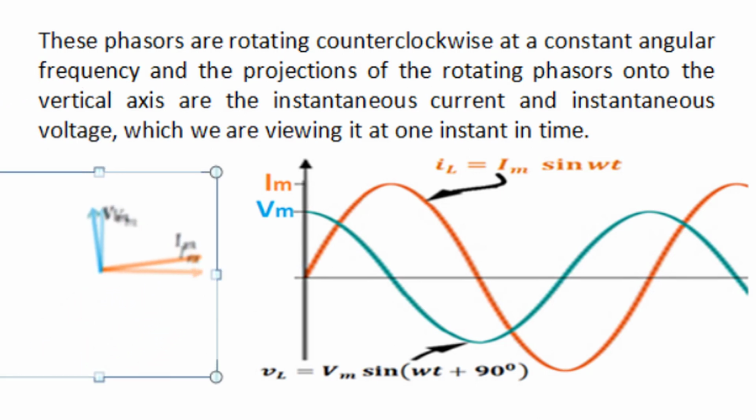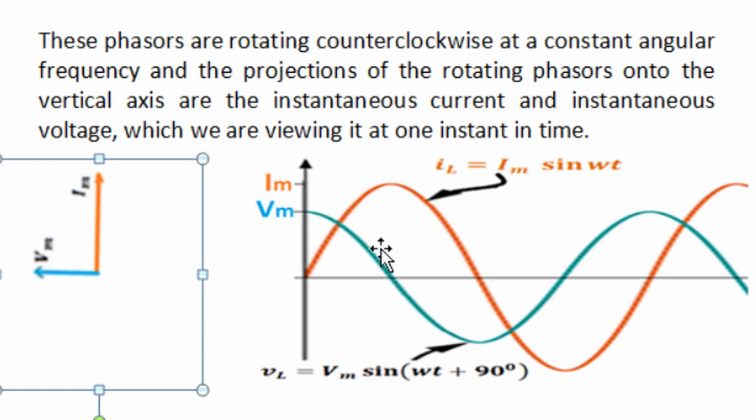As they rotate, their projection on the vertical axis in the first quarter represents that the instantaneous magnitude of voltage is decreasing and the instantaneous magnitude of current is increasing, and when voltage becomes 0 in instantaneous magnitude, current will attain its positive peak as projection on the vertical axis.